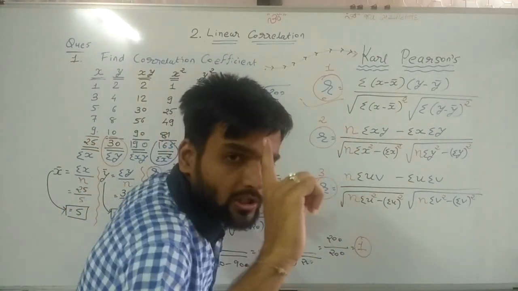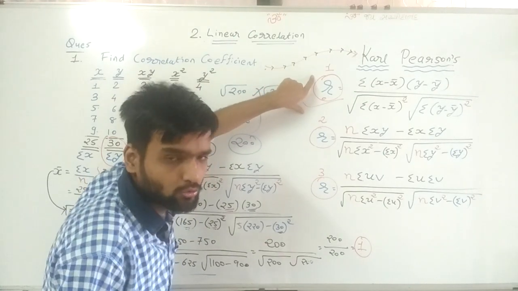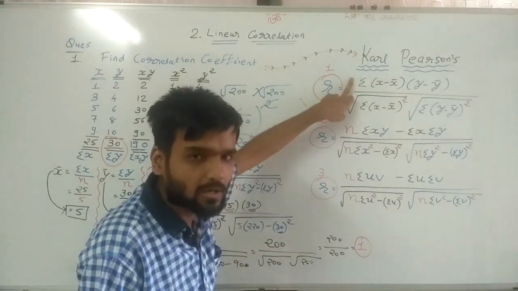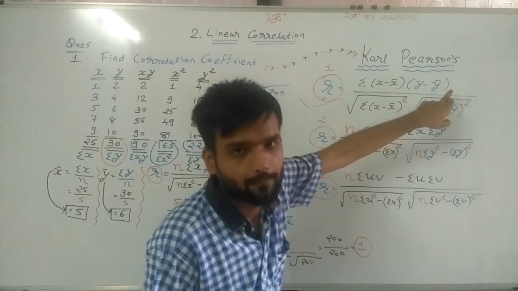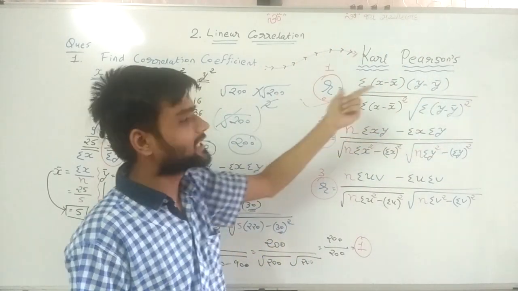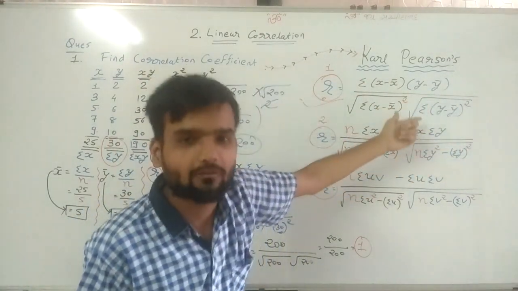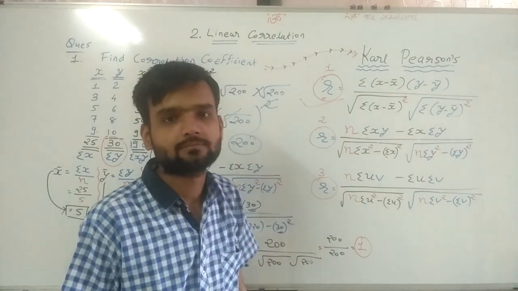Now I repeat the formulas. First formula: r is equal to sigma (x minus x bar)(y minus y bar) divided by under root sigma (x minus x bar) square, second under root sigma (y minus y bar) square.